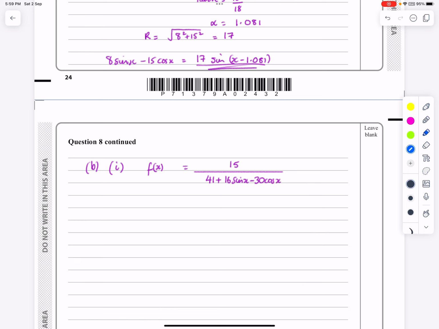What I'm doing is looking at that part there and comparing that to what we had in our question, our 8 sine x minus 15 cos x. It's not a complicated little bit of rearranging then to say this is 15 over 41 plus, this is just 2 lots of what we had in the original question, minus 15 cos x.